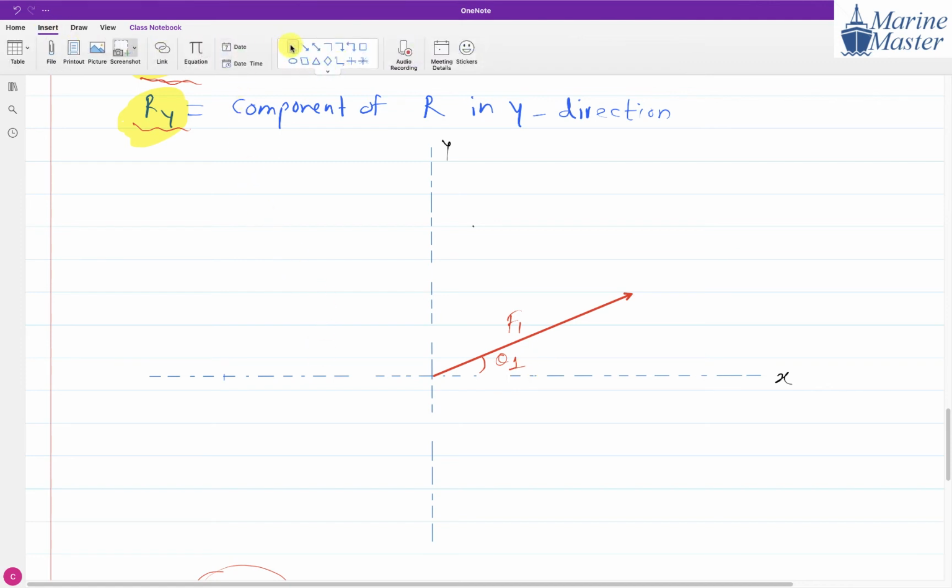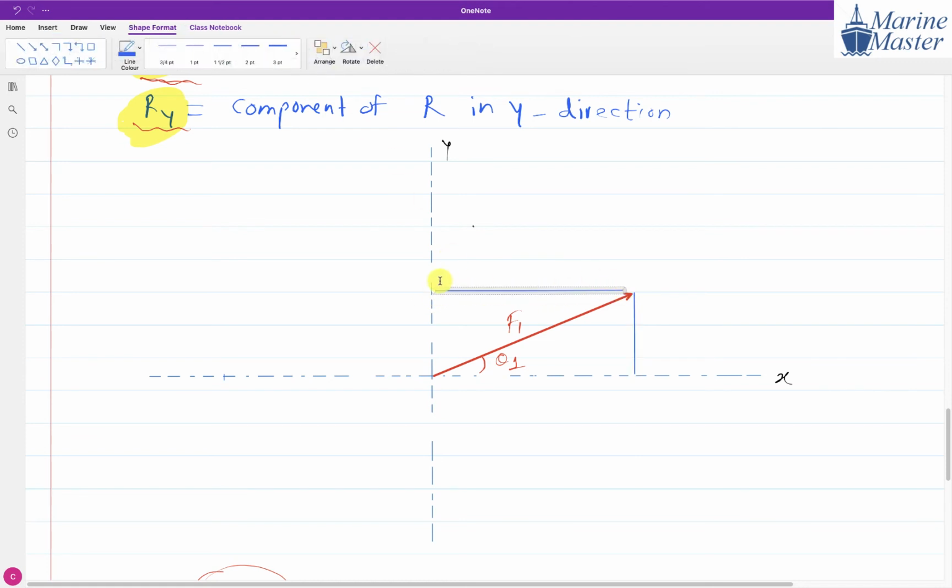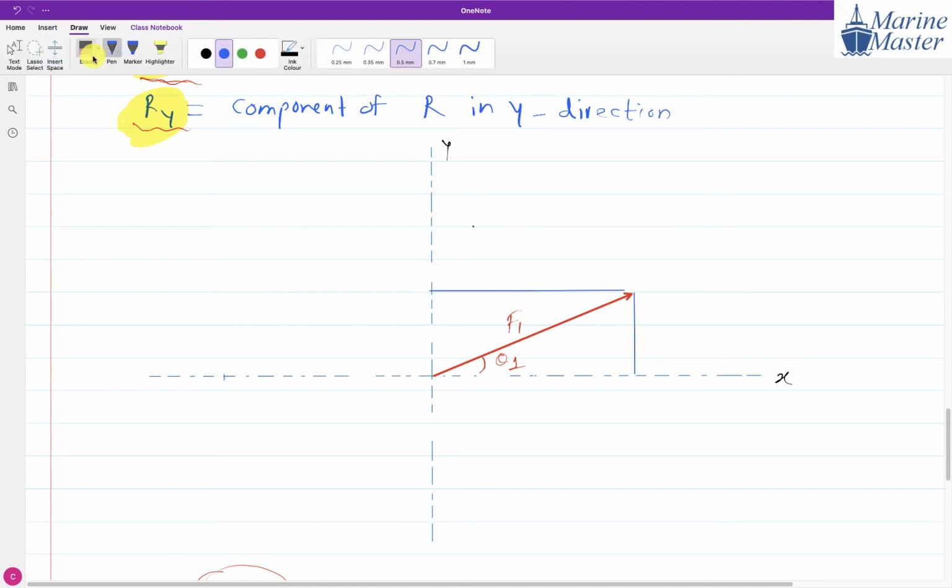And how to get a component? To get the components, we will form a rectangle like this. Have a look here. Yes sir, we have seen this one. So here we will have F1.